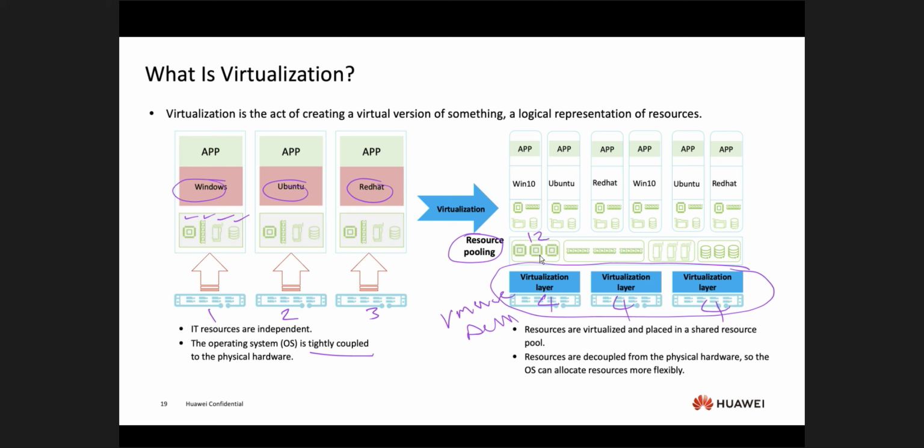Your RAM would also be added, so you would increment all of this, and you would have, let's say, 40 gigabytes of RAM in memory. And then your storage might be 100 gigabytes in total, where all of these are added together. That is the resource pooling that it allows you to do.